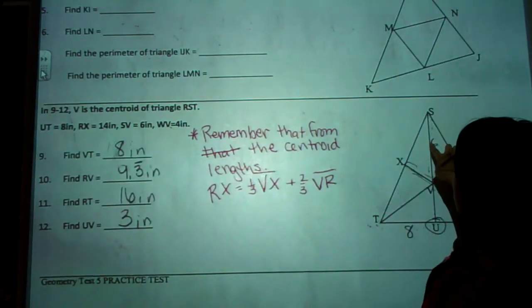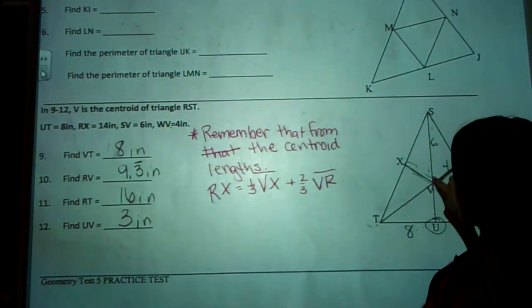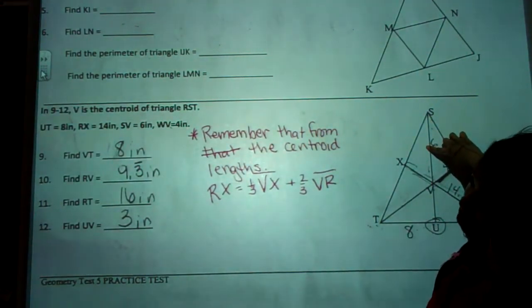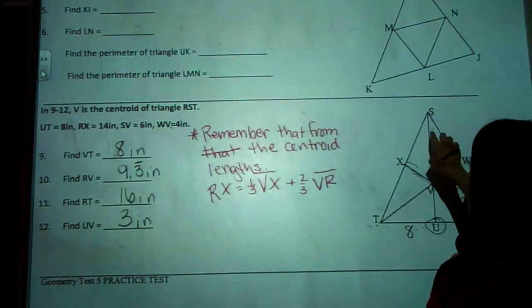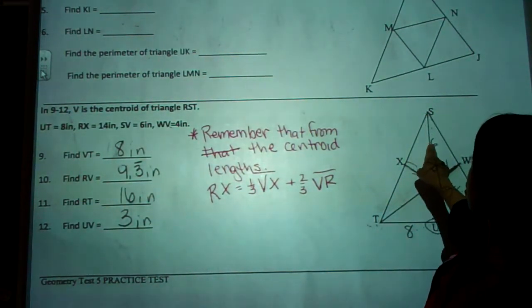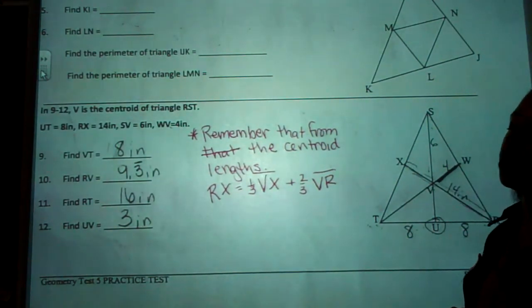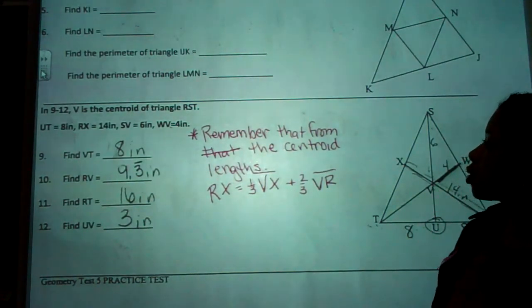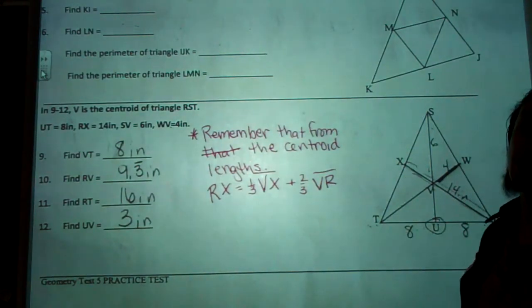So each part is going to be 3. That means VU is going to be 3 inches, and the full length of SU is 9 inches.